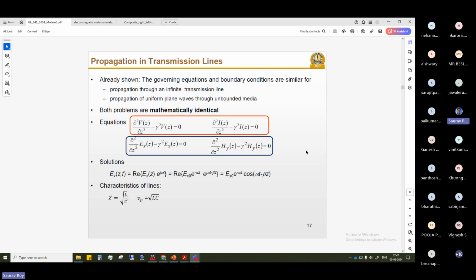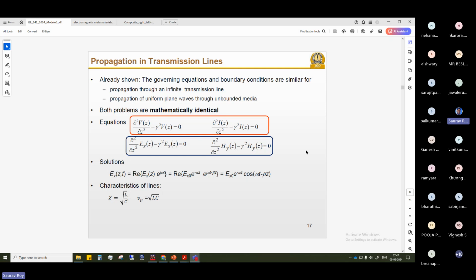If you see the definition of refractive index, it is defined by the square root of epsilon r mu r. If both of them are positive, it's positive. But in metamaterial theory, it has been shown that if you take both of them negative, mu r is negative as well as epsilon r is negative, then the square root of mu r and epsilon r, what happens?